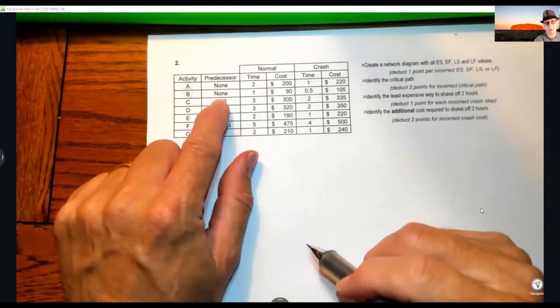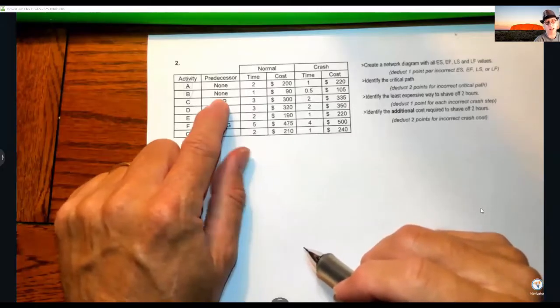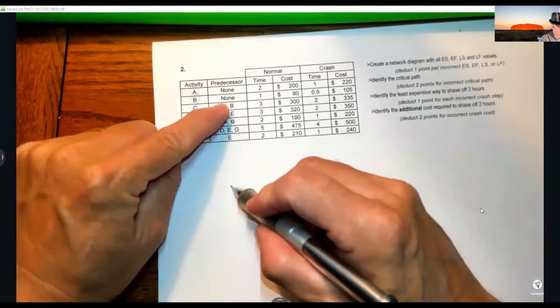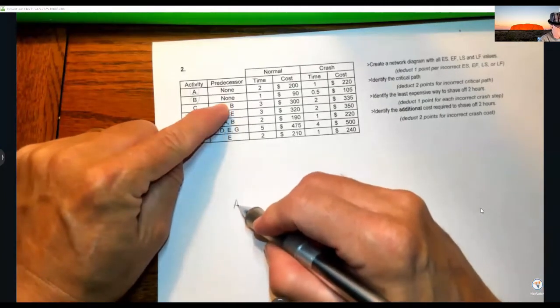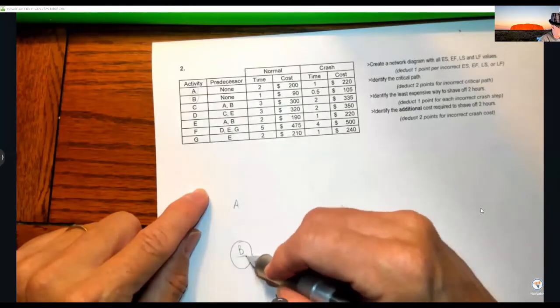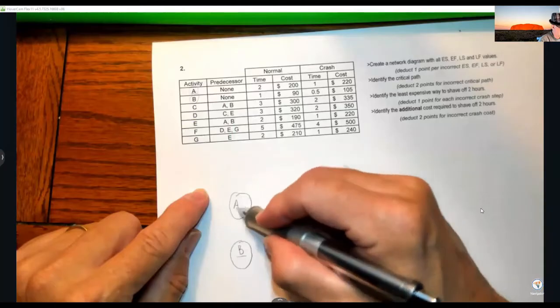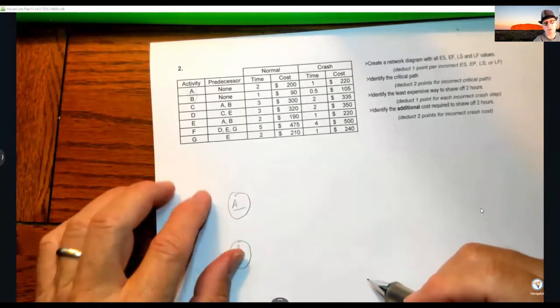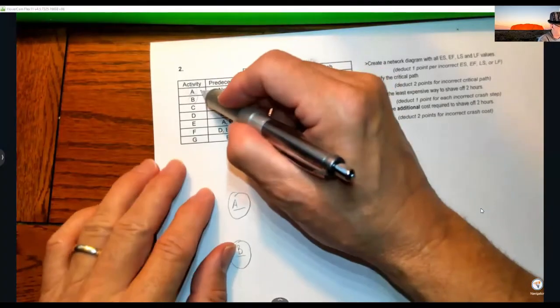The prettier your graph looks, the less confusing it looks, the more likely you're not going to make a mistake. So A and B have no predecessors. So I'm just going to put A and B. And I kept my line. I'm not going to put my times in. I'm going to do that at the end. It's just more hassle, more likely to be errors. So I've gotten that one taken care of.